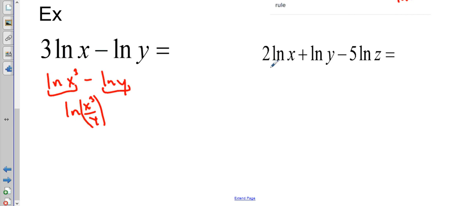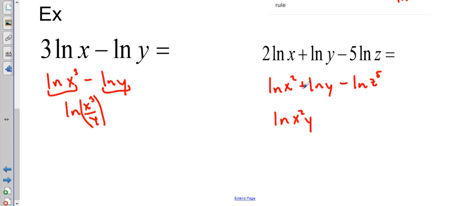Same thing here. Any coefficient next to a log can become the exponent, so we can write it that way. That's the first thing we do. Natural log of x squared plus natural log of y minus 5 natural log of z, which becomes natural log of z to the fifth. Plus means we multiply the inside, so x squared is multiplied by y.